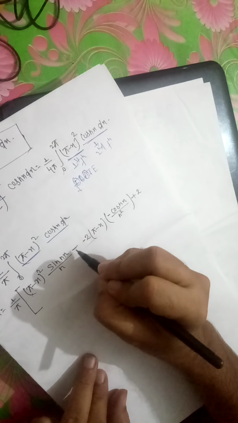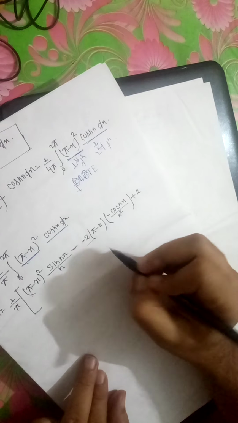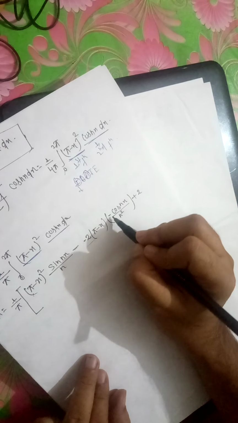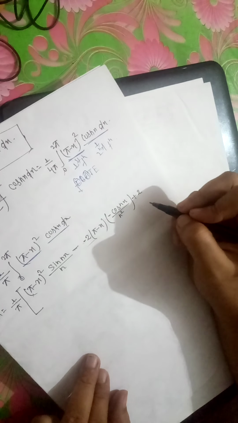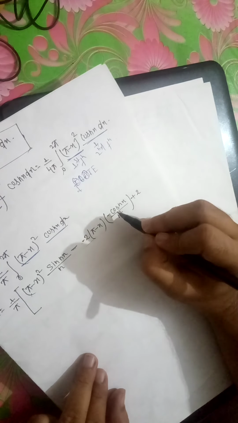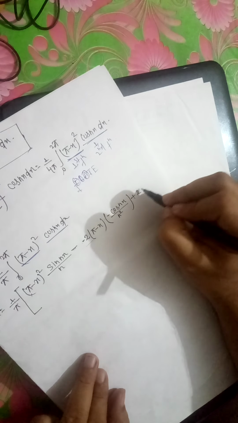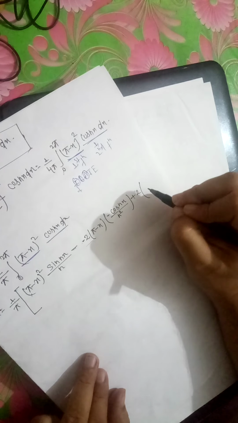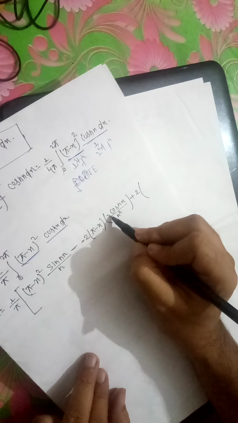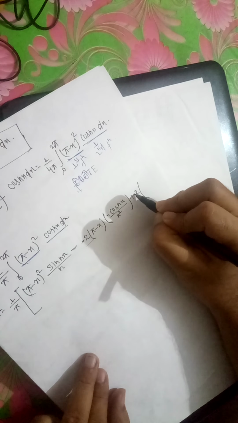We can keep it as 2 times pi minus x, and this one is already positive. Okay, 2 times of, and what is the integration of this function? So this positive, this negative, this negative becomes positive, and for 2, what is the integration?